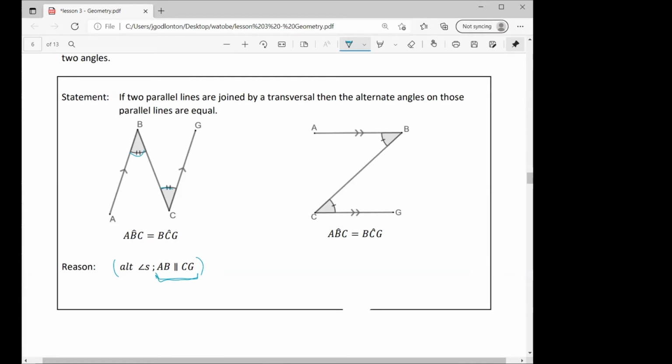Okay, I'm just going to give you one more minute to get this down, and then we're going to try some examples.